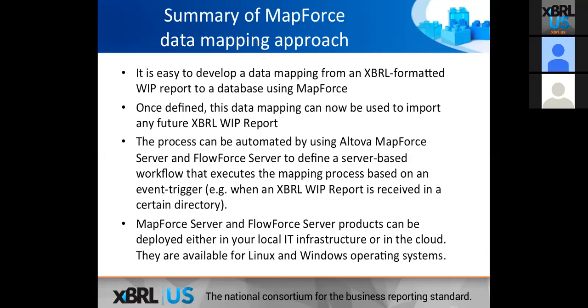We have a server-based version of the product called MapForce Server and FlowForce Server that allows you to then, for example, execute such a mapping based on an event trigger, for example, when an XBRL work in progress report is received in a certain directory through any other IT process. And we can deploy those server products either in your local IT infrastructure or in the cloud, and they run on Linux and Windows operating systems. Next slide, please.